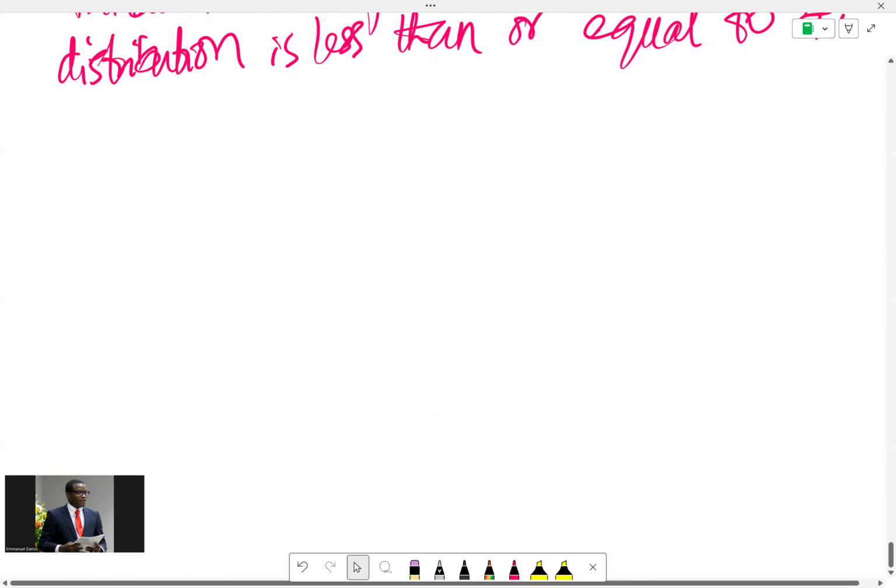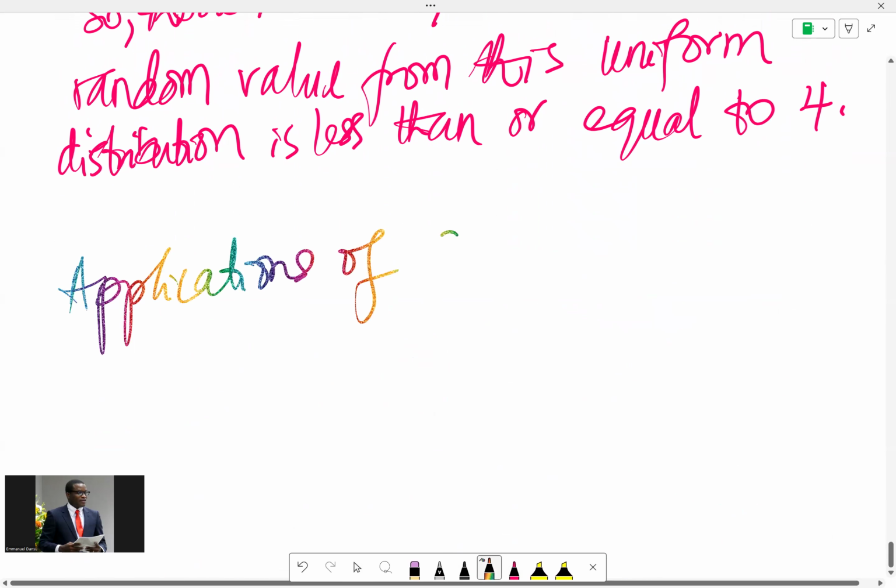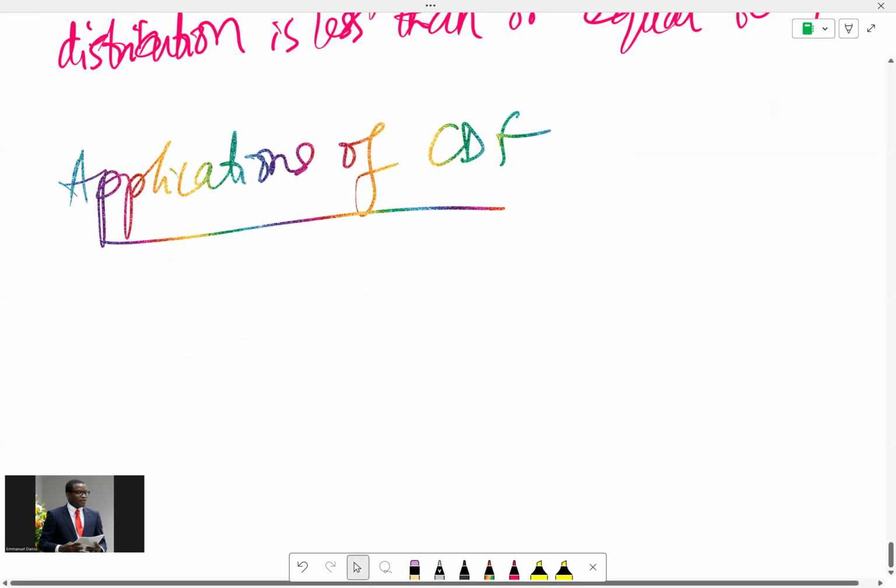Let's quickly talk about some applications as we draw a curtain on this. So let's look at some real-life applications of the CDF, the cumulative distribution function. It was mentioned earlier that it is useful in statistics.